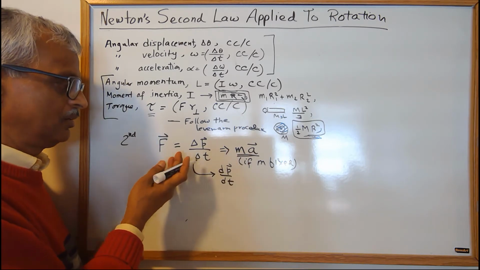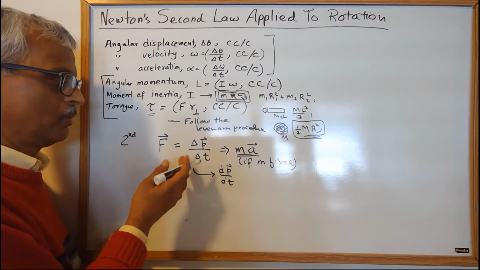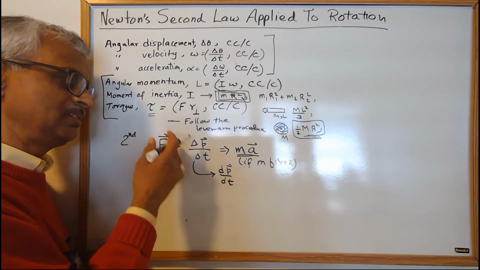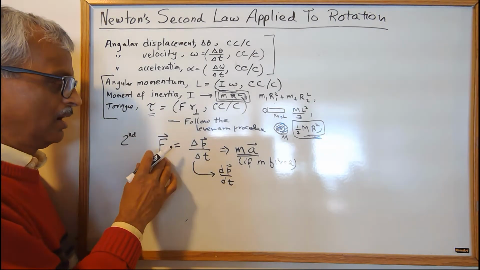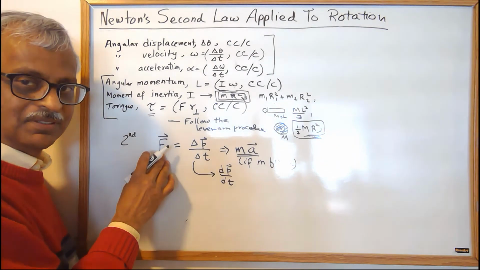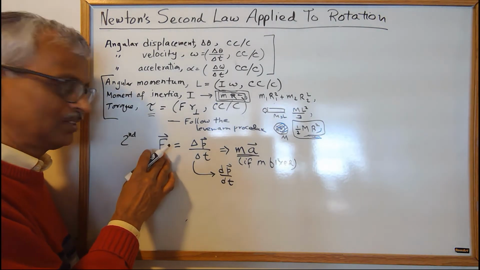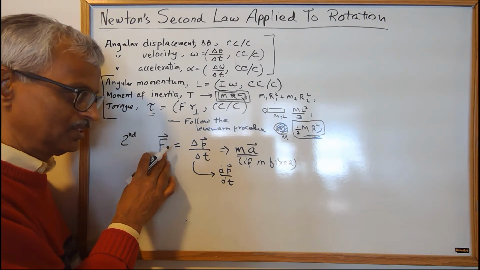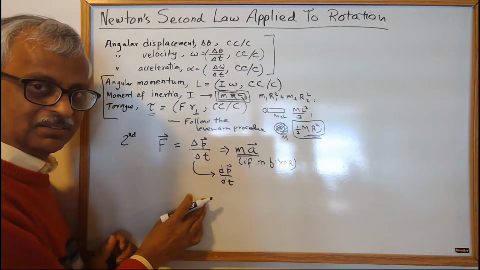Now I want to change this to a rotation. So I want to know the torque applied by this force. If I replace this force by the torque applied by this force, what would have happened to these guys?